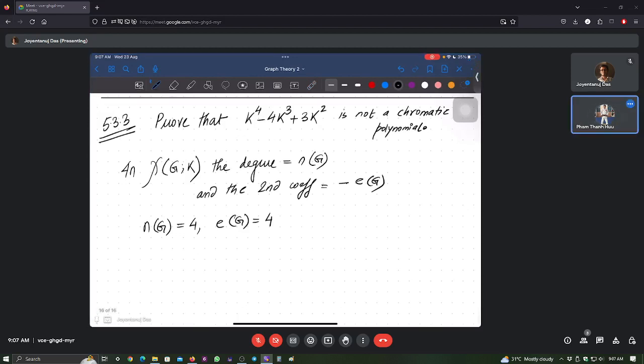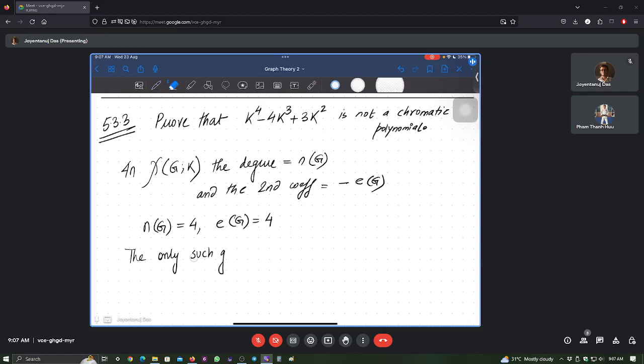Now, there are only two graphs with 4 vertices and 4 edges.